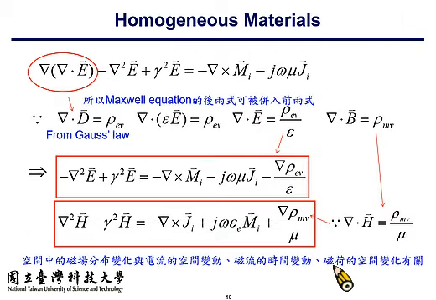Now, so far we have just used Faraday's law and Ampere's law, and as you know, Maxwell's equations have 4 equations, so we will attempt to use the last 2 equations. So here we will use Gauss's law of electrical field.